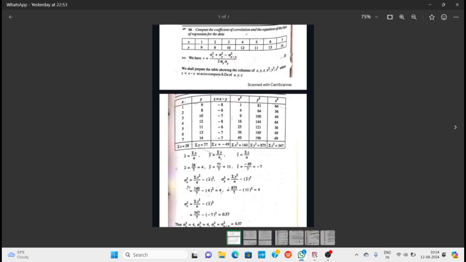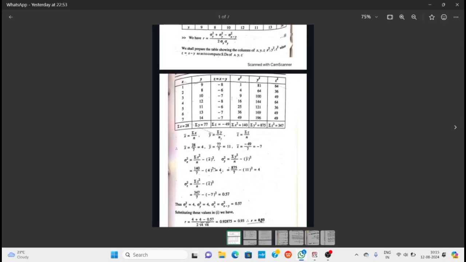So we'll find sigma square x, which is summation of x square by n minus square of the mean of x, and sigma square y is equal to summation of y square divided by n minus square of the mean of y. Sigma square z is equal to summation of z square by n minus square of the mean of z.